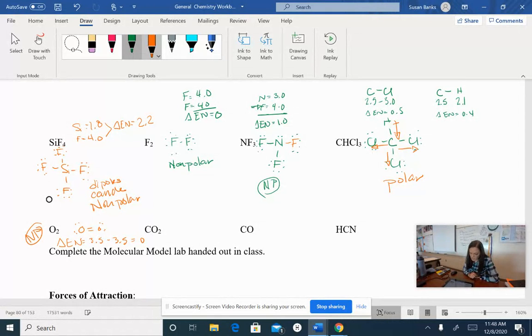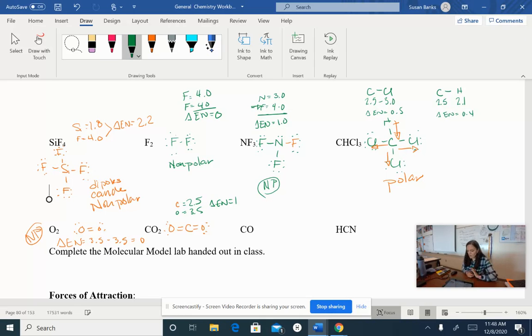Okay, let's look at carbon dioxide. So carbon dioxide, I will have carbon in the middle, and I will have oxygens double bonded. If I look at the electronegativity, carbon is 2.5 and oxygen is 3.5, so my difference here is 1.